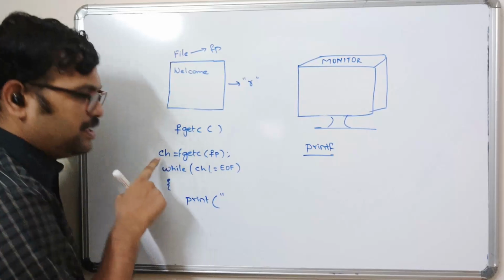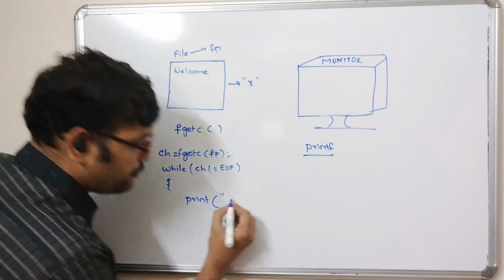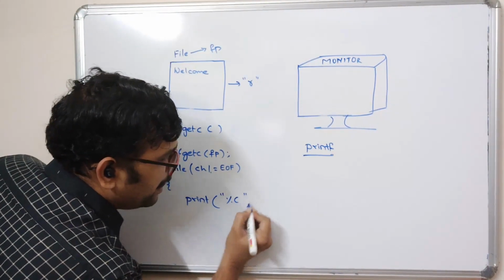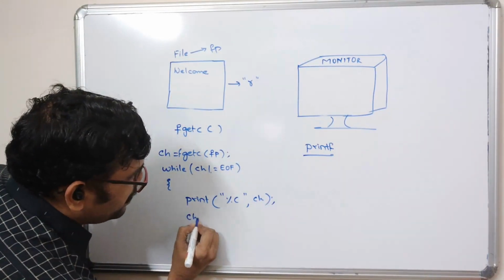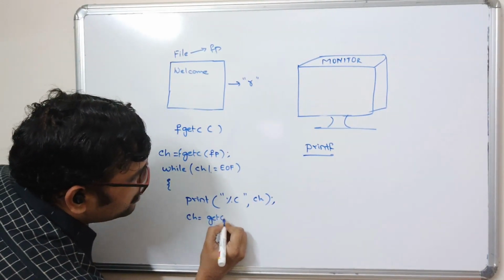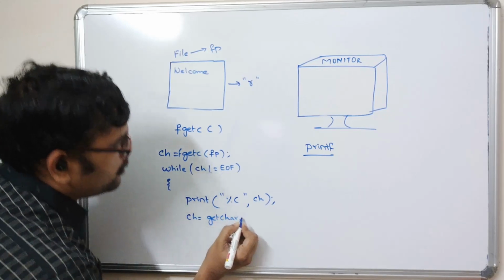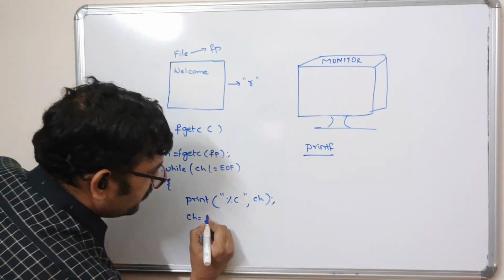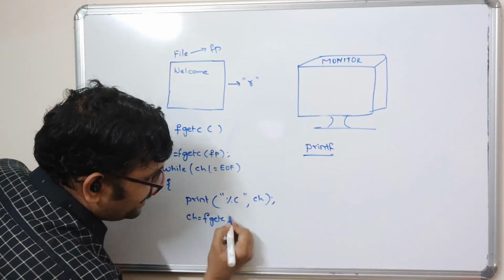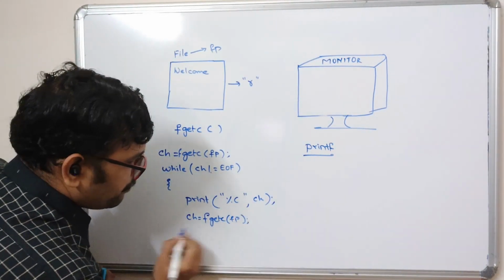This is a character, so we need to use the format specifier %c and ch. And repeat the same process again, read the next character with fgetc of fp.